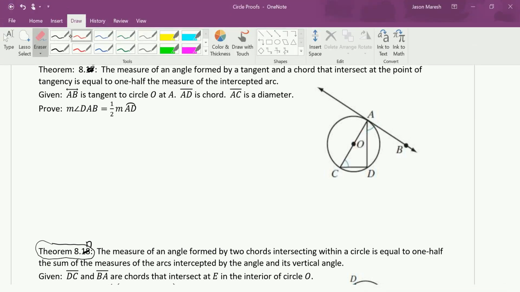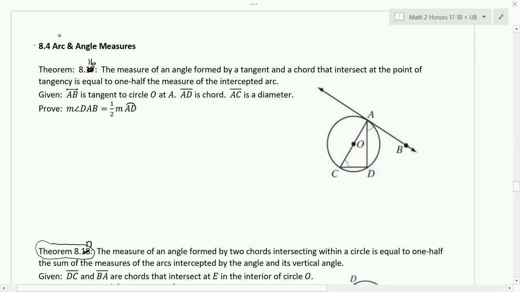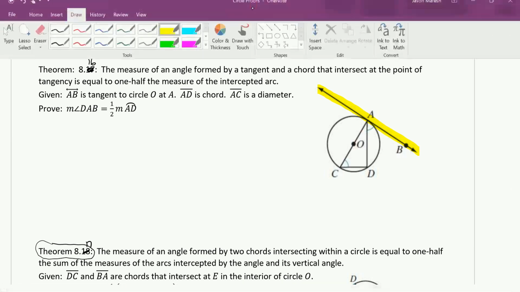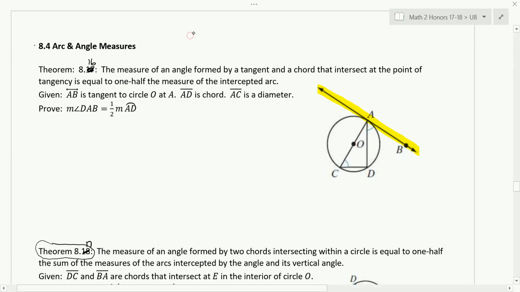So this next theorem, theorem 8.16, says the measure of an angle formed by a tangent, so in our picture here, our tangent is this line AB, and the point of tangency is at point A, and a chord. In this circle, the chord we are looking at would be chord AD.